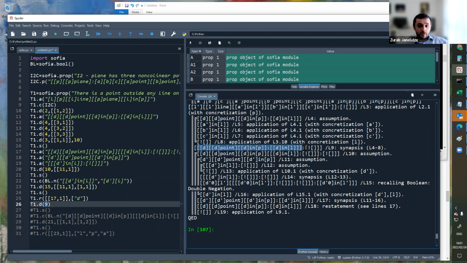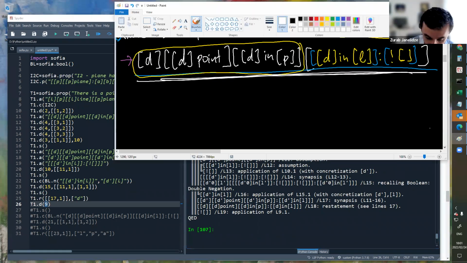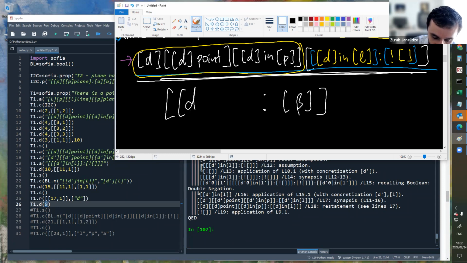So there's nothing to concretize, because the left side does not contain a free variable d, like here, for example, in this implication, where the left side contained a free variable d. But here, there is no free variable d. The d is inside the brackets. There is no d outside like that one. So if I have an implication like this, let's say there is some beta here and some d, this is an example of where we have a variable to concretize.